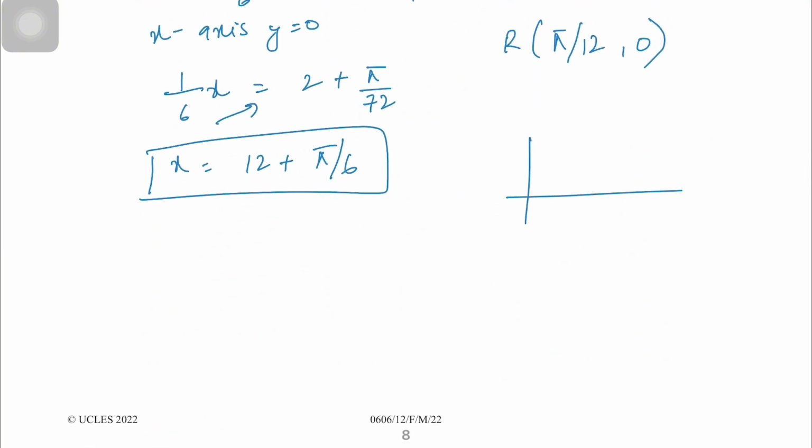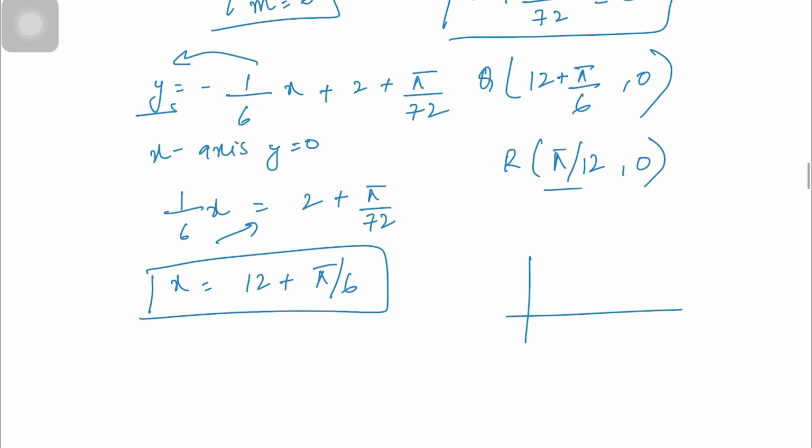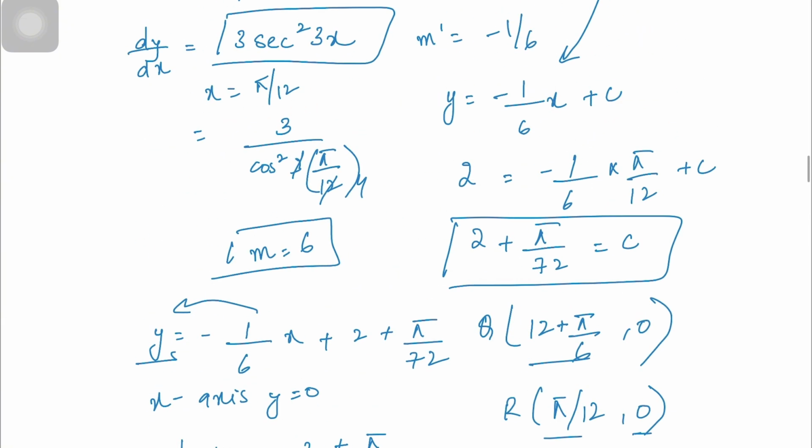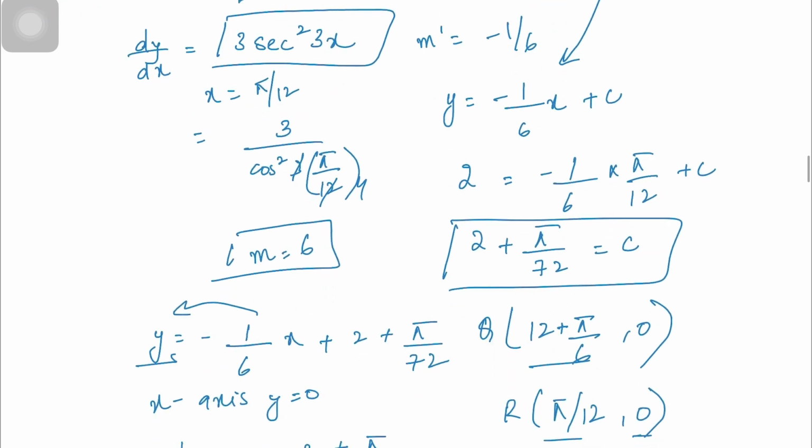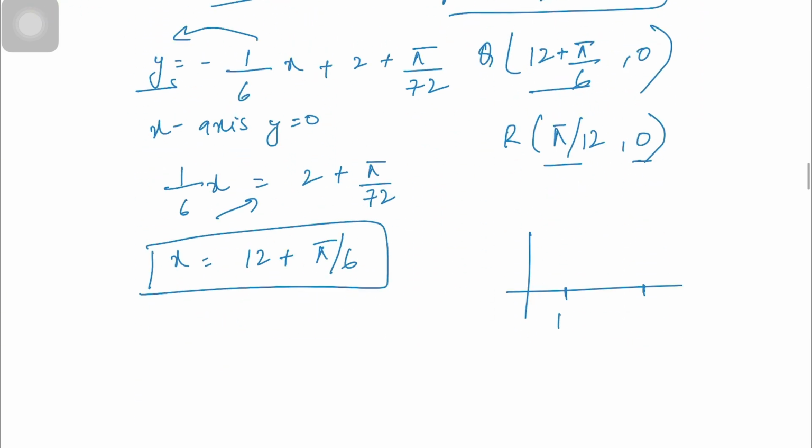Let's just assume everything. So this would be pi by 12 and 0. Let's say this is pi by 12, and then this 12 plus pi by 6, and then we have pi by 12 above R. So we have our triangle like this. This would be our height and this would be our base.